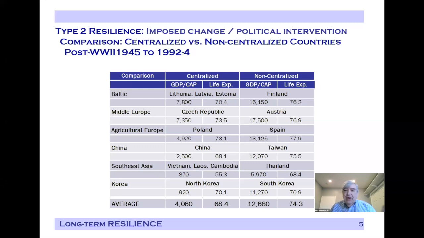If you look at two big Catholic agricultural economies that had bad war experiences, the Civil War in Spain, World War II in Poland, by 1992-94, Spain has a GDP per capita more than twice Poland, and the difference in life expectancy in that case is about 5 years. If you compare China to Taiwan, and by the way, Spain is also poorer before the war than Poland.